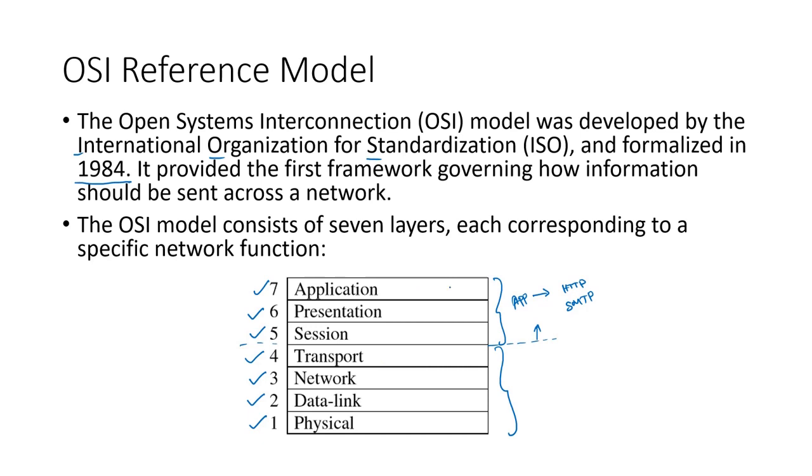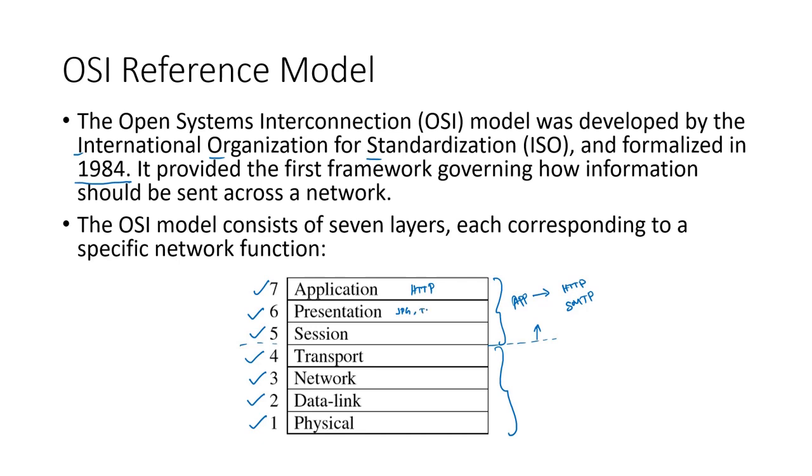What is the application layer? The application layer is the one that really interacts with the application. Let's say you have an application called Chrome, which is a browser. It needs web content. What is the protocol to deliver web content? You have a protocol called HTTP. That's an application layer protocol. Then you need to do some presentation. If it is an image, you have to do JPEG presentation.